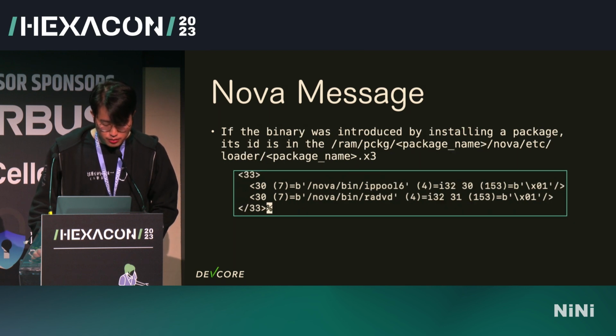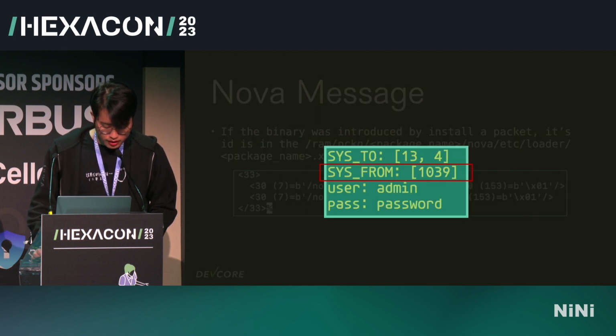If the binary was introduced by installing a package, its ID is under the loader directory of that package, like IP6, yeah. And some IDs cannot be found in the X3 file because the process is not persistent. The ID is just a serial number, because when you log in, it spawns a new login process. So that's not persistent.